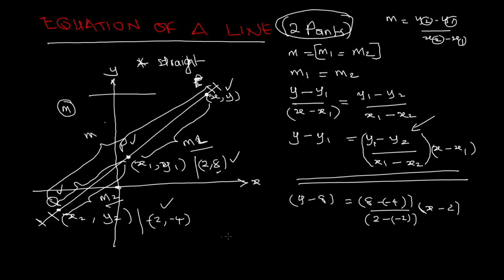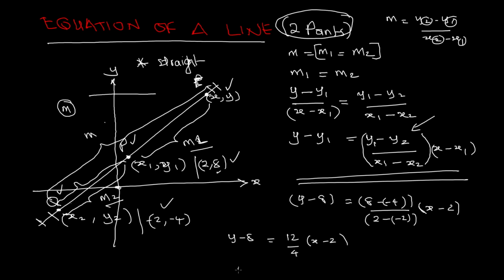So this is going to give us y minus 8 equal to, we continue here, there will be positive there. So we know that it's 8 plus 4, which is 12. This gives us a 12. This we know is going to be 2 plus 2, which is 4. So we divide by 4. And this is going to maintain what it has, like that.